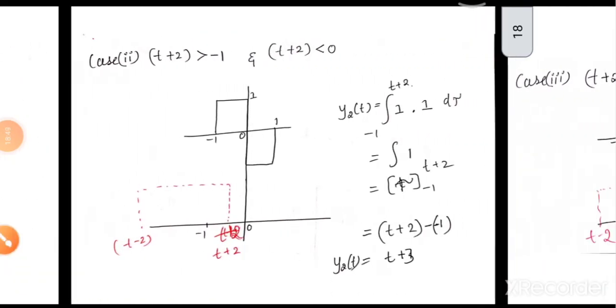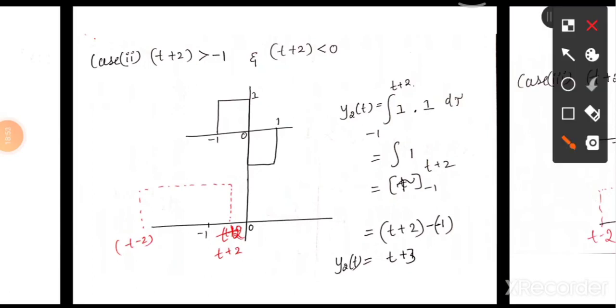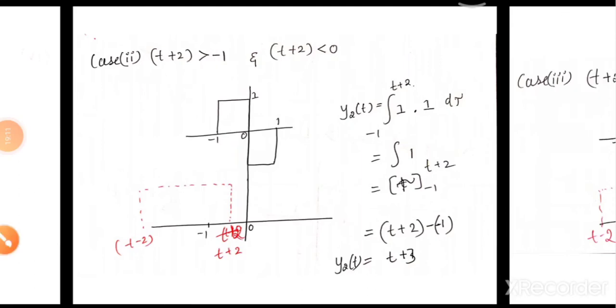Okay, then next case we will take, since it is a finite signal, we may get more cases. Second case we will take, it should be t plus 2 end greater than minus 1, means here, and it should be less than 0.